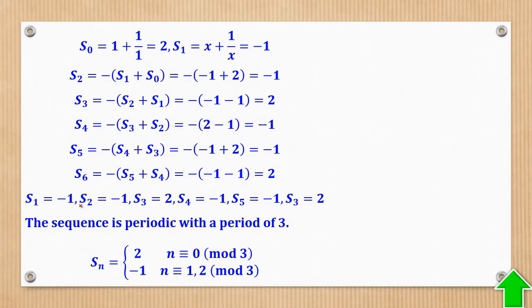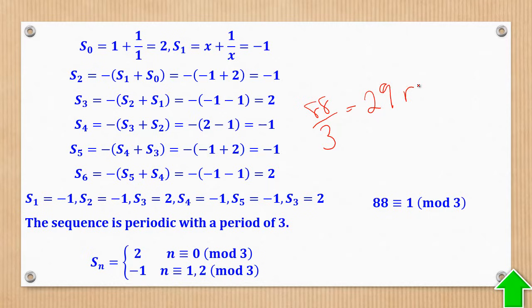So now if I want to get S88, when I say 88 divided by 3, what do we get? Let me first press calculate and we see. So 88 divided by 3, the whole number is 29. What will be the remainder?